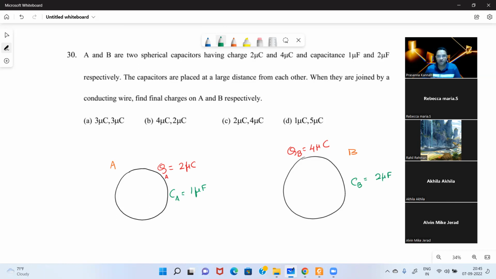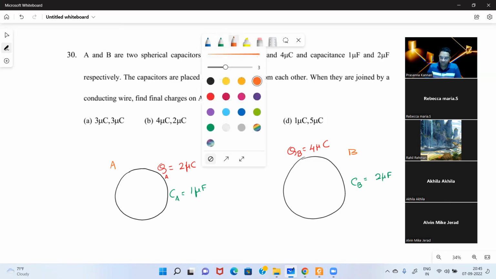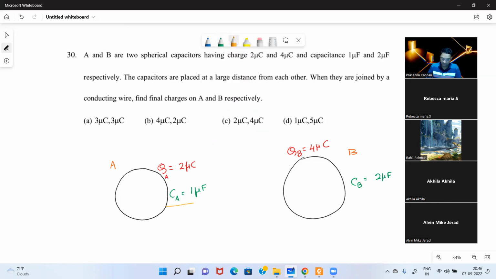Now, what you're doing is you're going to just connect them by a conducting wire. When two capacitors are connected, there is going to be a process called charge sharing.